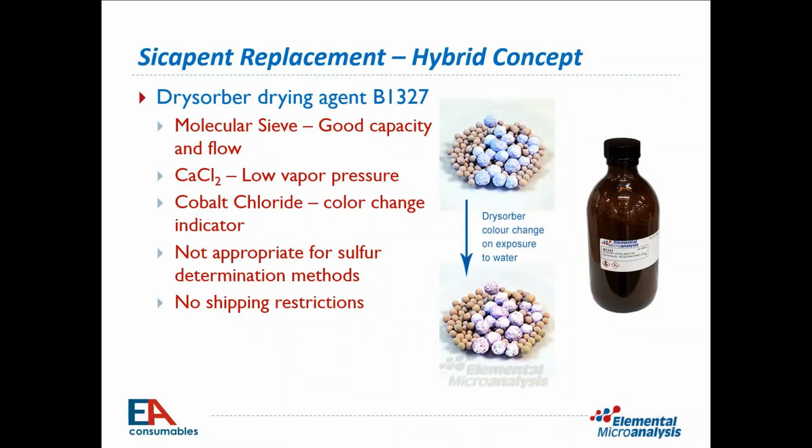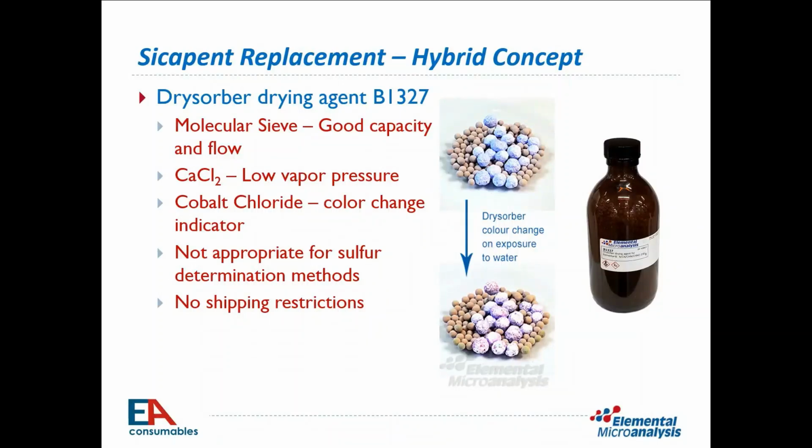It puts in some calcium chloride to lower the final vapor pressure, but not too much, to avoid causing blockage if it liquefies. And we throw in some cobalt chloride as a wet indicator, which will change color on exposure to moisture. The one drawback is that this is not appropriate for sulfur determination, as the SO2 can absorb into the molecular sieve stage, causing tailing, and you'll get something less than full recovery.